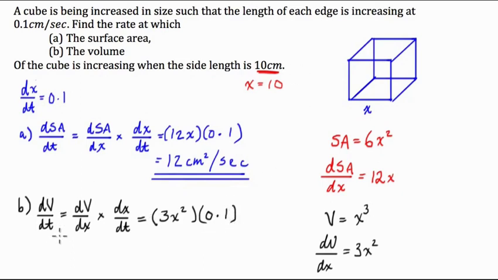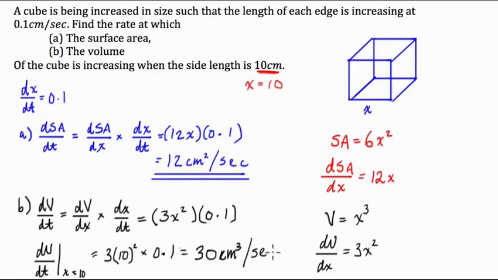And what we're going to do is evaluate dV/dt when x equals 10, which is going to be equal to 3 times 10 squared times 0.1. So 3 times 100 is 300, times 0.1 is 30 centimeters cubed per second.